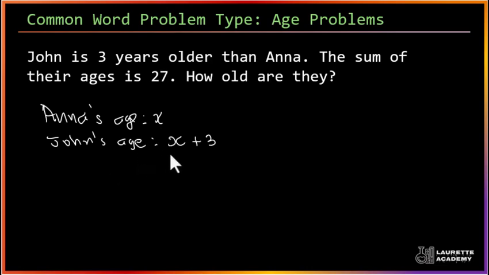The problem states that the sum of their ages is 27. So Anna's age x plus John's age x plus 3 equals 27. Our equation is x plus x plus 3 equals 27.